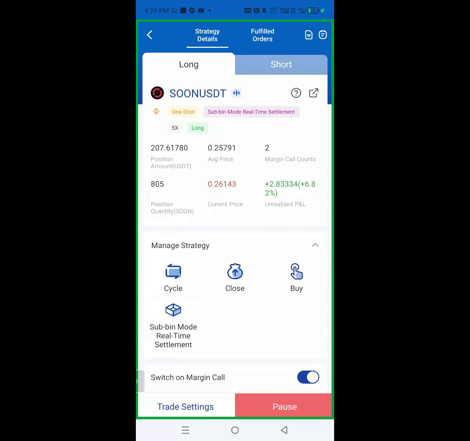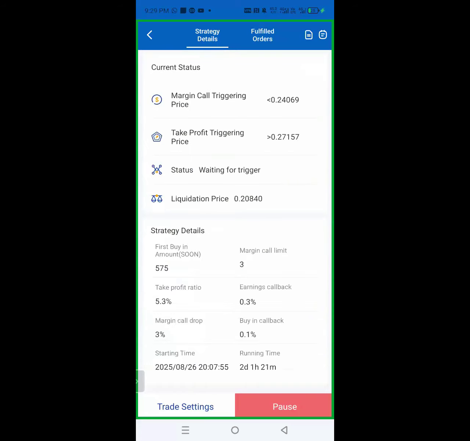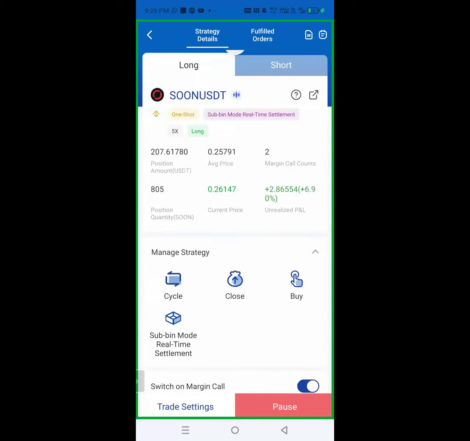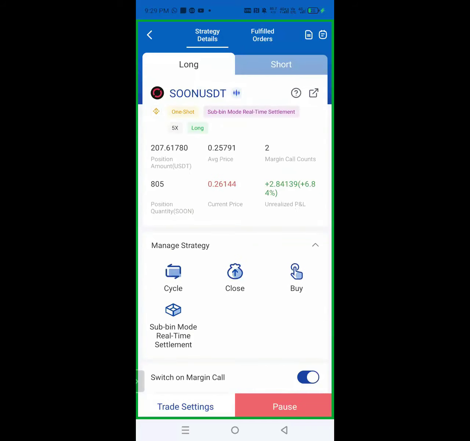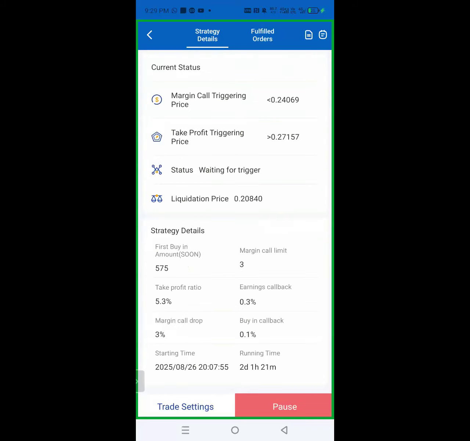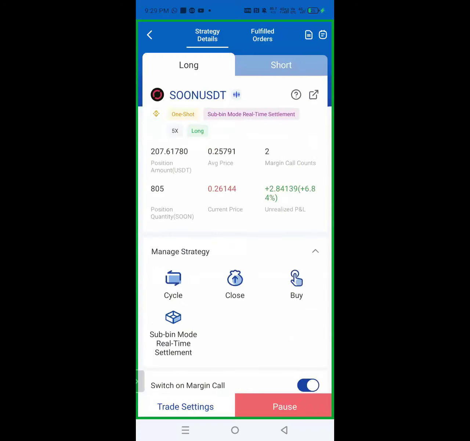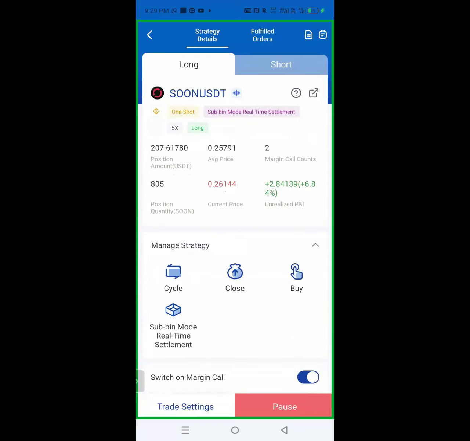But I've been waiting now. This trade has been running for 2 days plus 1 hour, 21 minutes. So at least I should make, if it's $2 a day, 2 days is $4. So let it continue going up. At least let me see $5 plus.